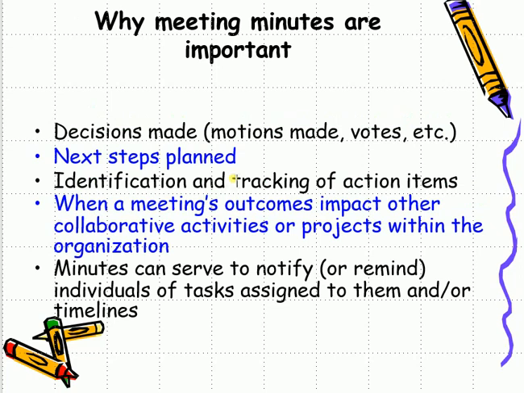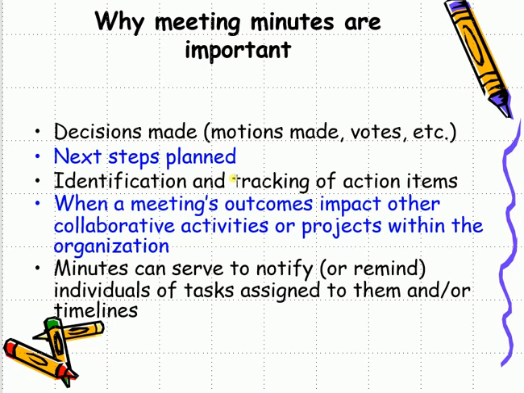So why minutes of meeting are very important? In fact, while meeting, the boss and the employee, they discuss certain matters, they make certain decisions, motions and votes. So then they also decide next steps and plan, then identify and track other actions.